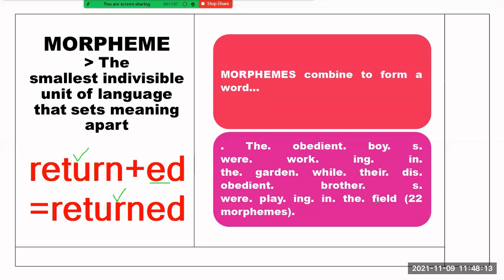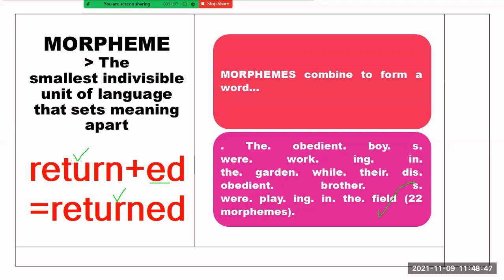You see that we have 22 morphemes. 1, 2, 3, 4, 5, 6, 7, 8, 9, 10, 11, 12, 13, 14, 15, 16, 17, 18, 19, 20, 21, 22. So we have 22 morphemes in this sentence, all right?